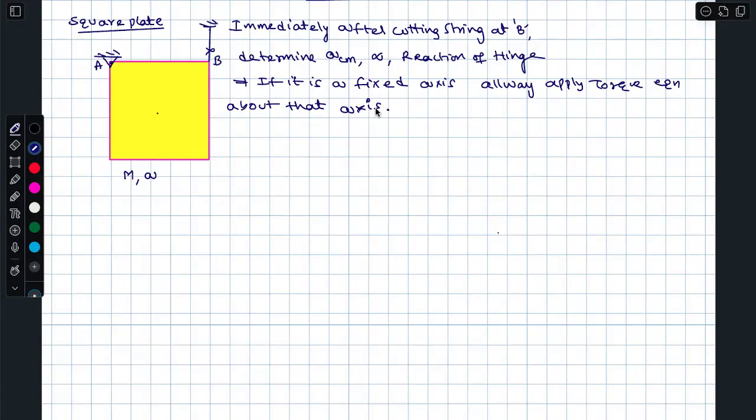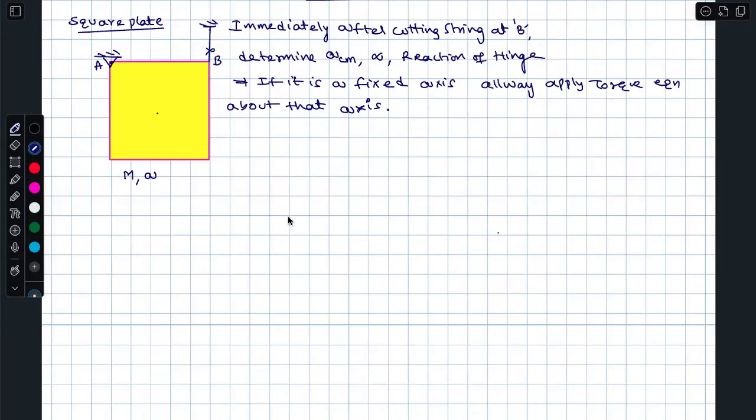Any doubts? If it is a free or movable axis, apply about center of mass. Free axis means, for example, here, throughout the motion of the square plate, A is always fixed. But sometimes A will also move, depending upon the case. In that case, apply torque equation about center of mass of the plate.